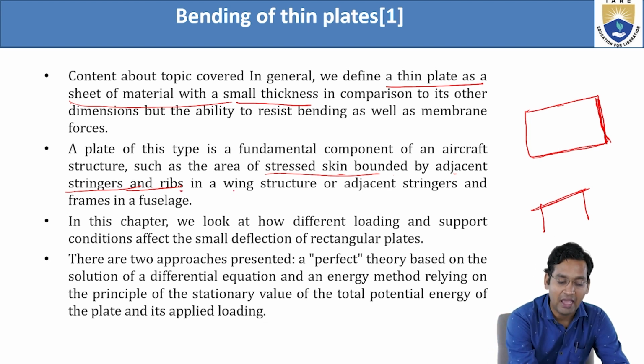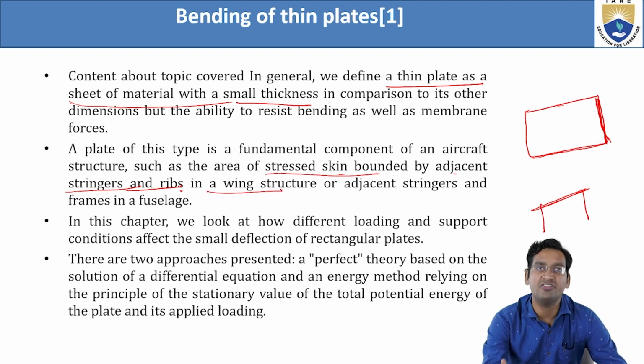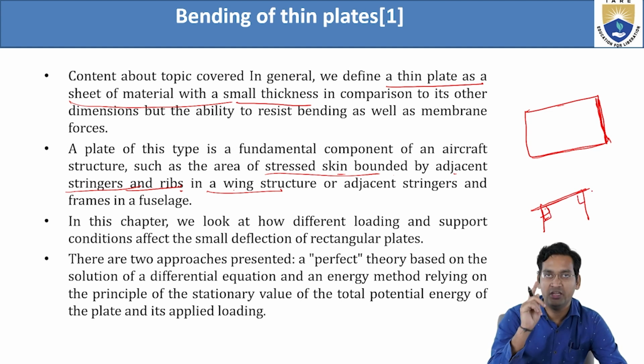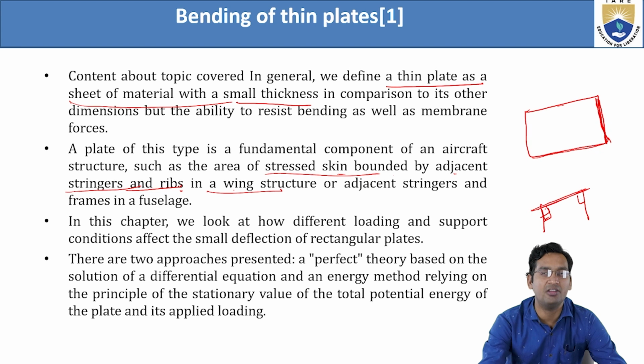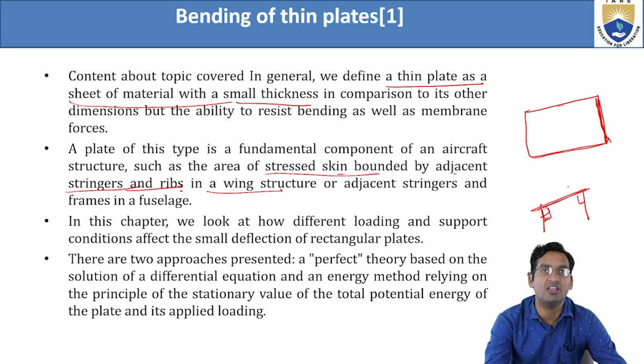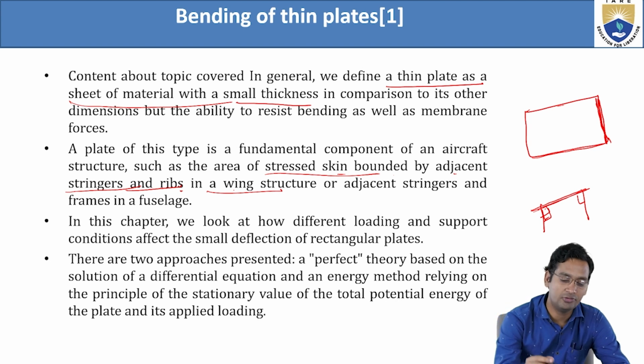In a wing structure, stringers and ribs are there, and in a fuselage, adjacent stringers and frames. These are supported by the thin sheet, so it is the fundamental component. Without it the aircraft is not possible, because if you do not cover it, only the frames, ribs and spars would be open. So that is the fundamental.